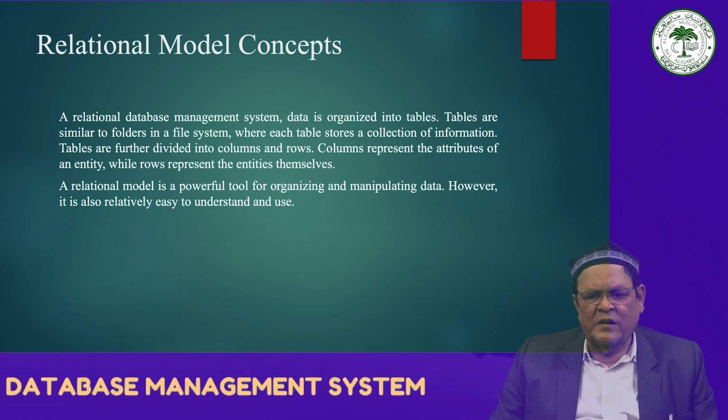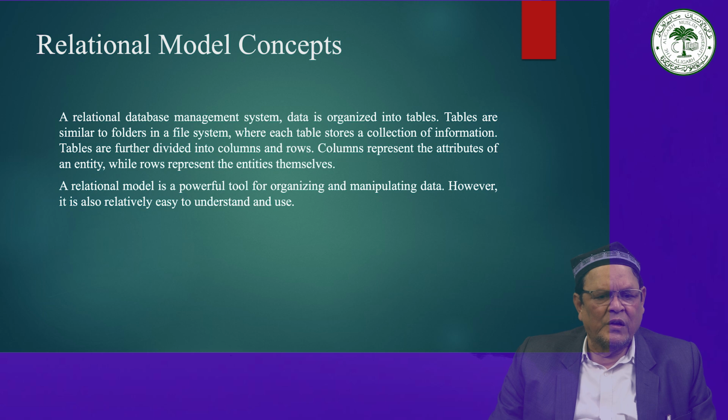Columns represent the attributes of an entity, while rows represent the entities themselves. A relational model is a powerful tool for organizing and manipulating data. However, it is also relatively easy to understand and use.